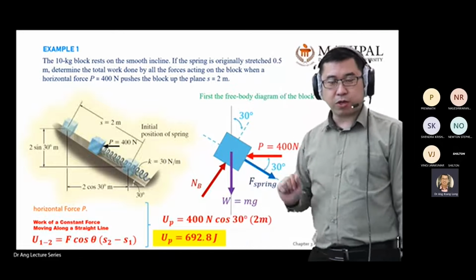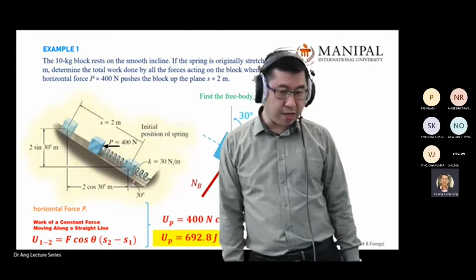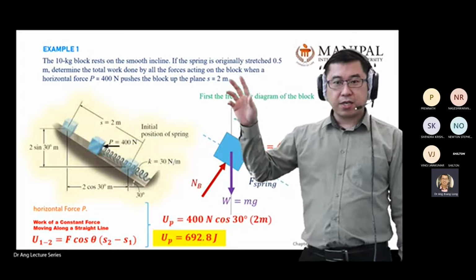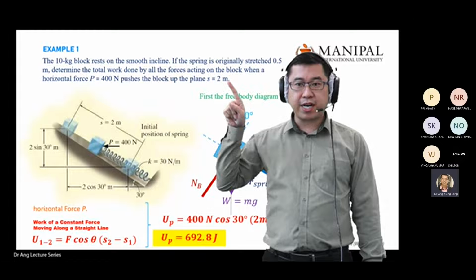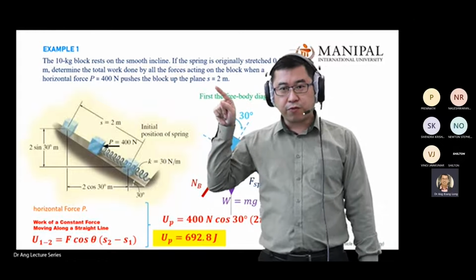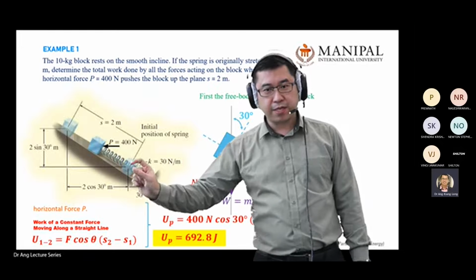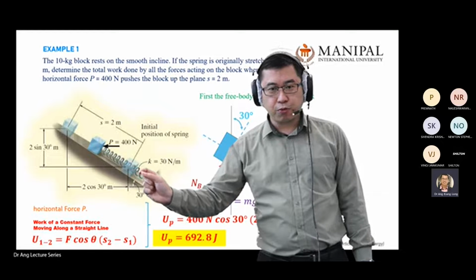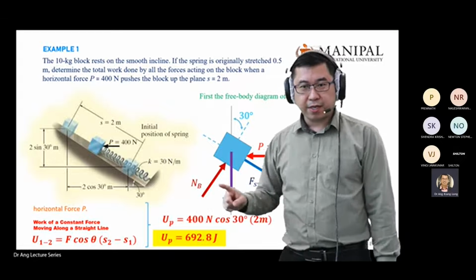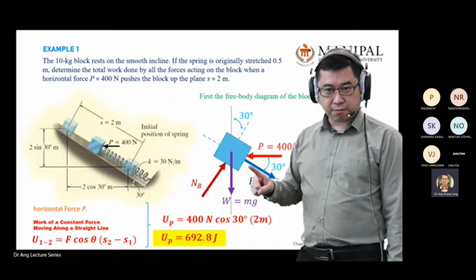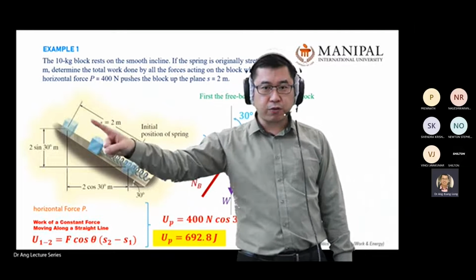In a free body diagram, you always consider what happens at the end location. The question asks you to focus on the distance at 2 meters, which means initially you pull 0.5. You feel the spring pushing on your body, so the force initially goes this way. But the question asks you to focus at the location of 2 meters.